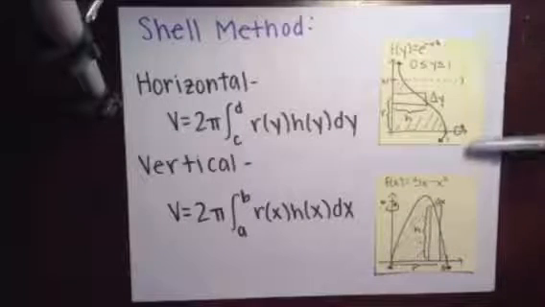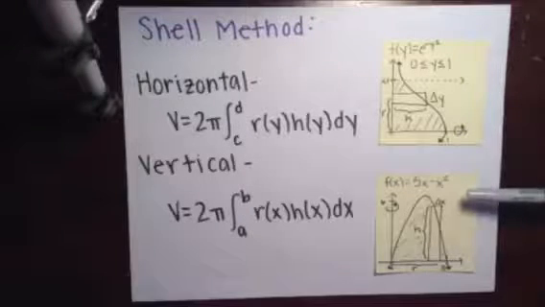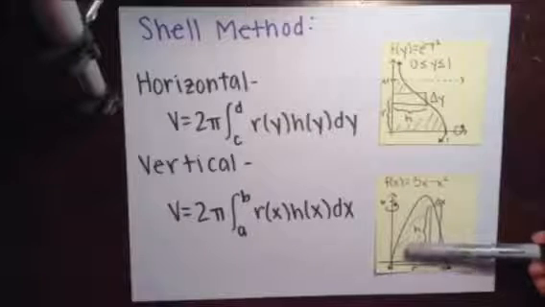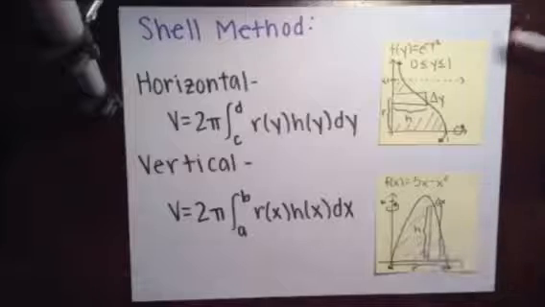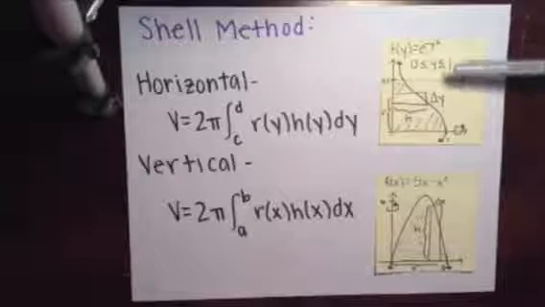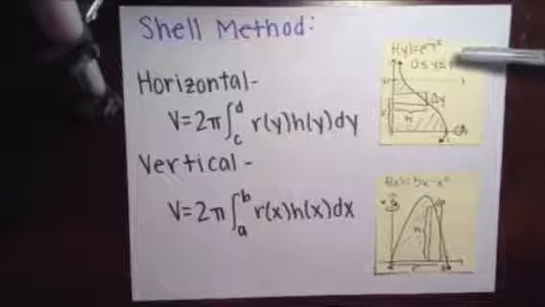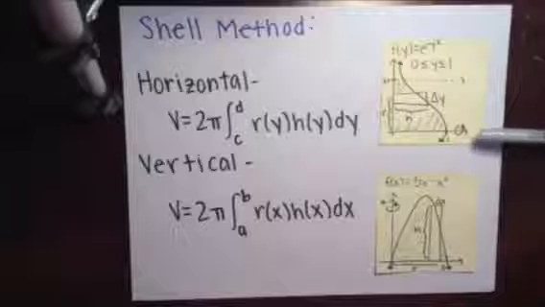So y goes with the x-axis. And similarly, we have the function written in terms of x, but we have the axis of revolution being vertical, the y-axis. So here it's going to be pretty hard to solve for x, so we want to keep the function in terms of y, and we have the axis of revolution along the x-axis.